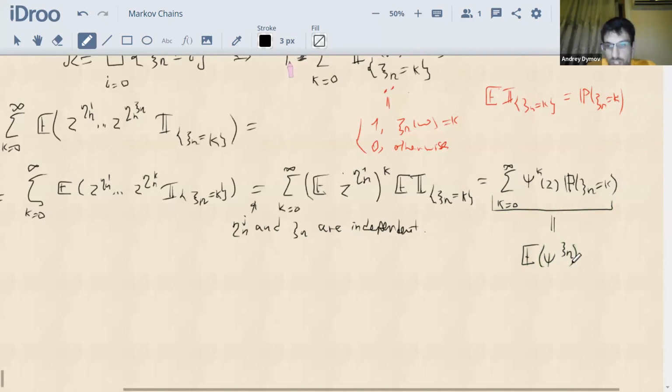Because this is just the definition of this expectation, right? But what is this actually? This is the generating function of the random variable psi n taken at the point z.